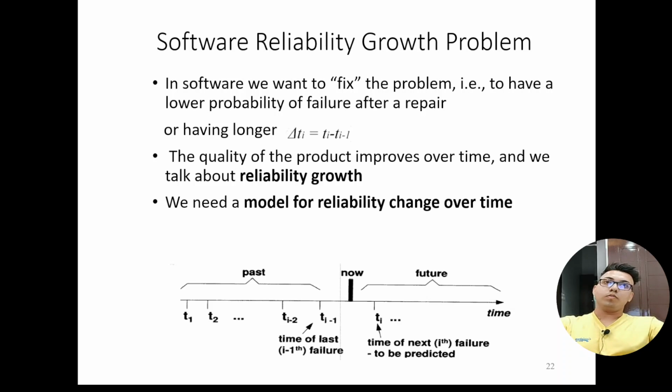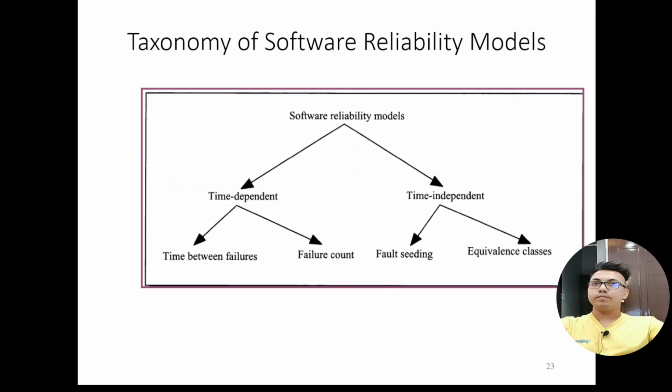Software reliability model: in software, we want to fix the problem so that the probability of failure after repair is lower, or t_i is greater than or equal to t_(i-1). The quality improves over time, and we talk about reliability growth. So, the taxonomy of software reliability models.